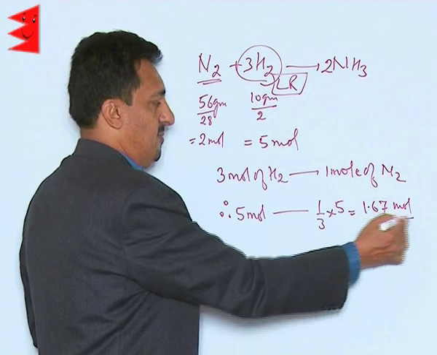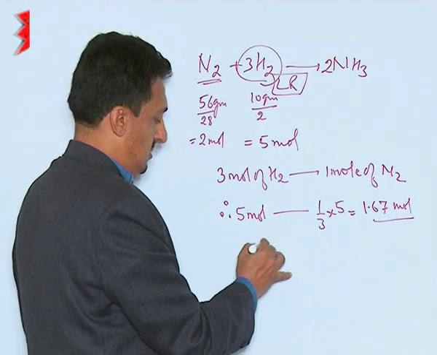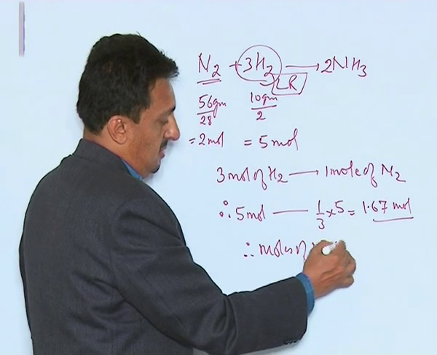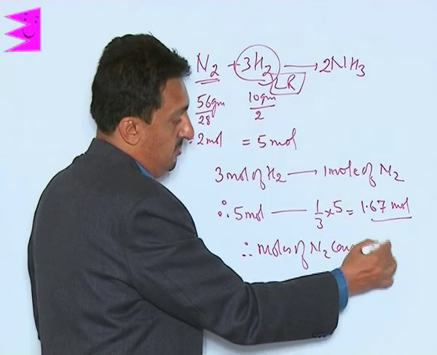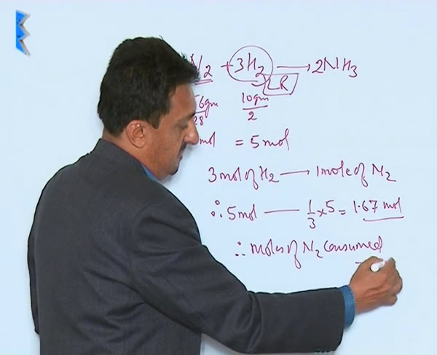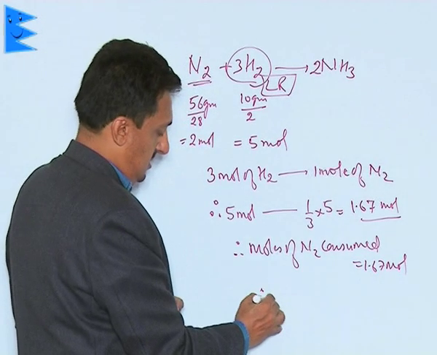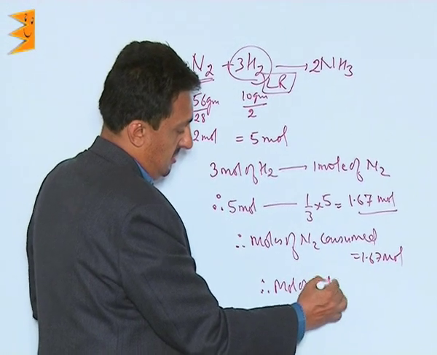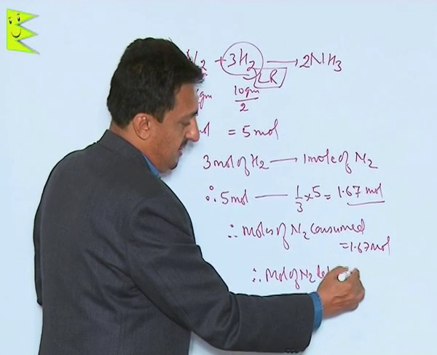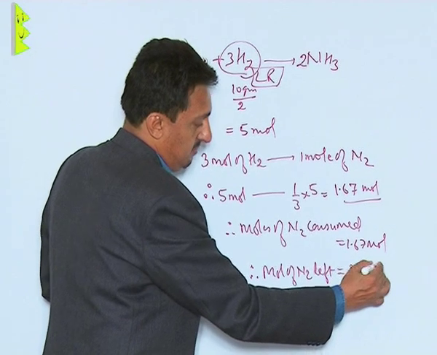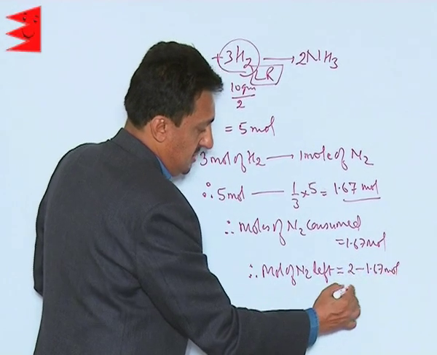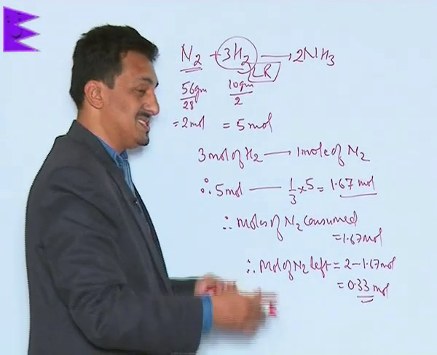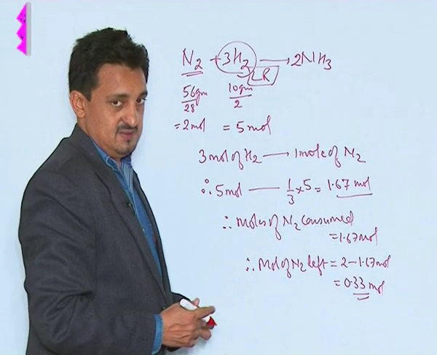Now 1.67 moles means, therefore, moles of nitrogen consumed will be 1.67 moles. Therefore, moles of nitrogen left will be 2 minus 1.67 moles. So it will be approximately 0.33 moles. This much is left out, unreacted.